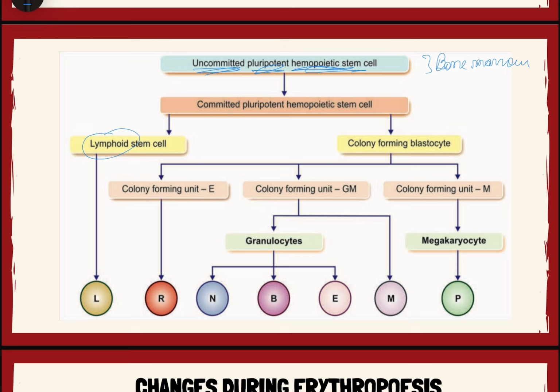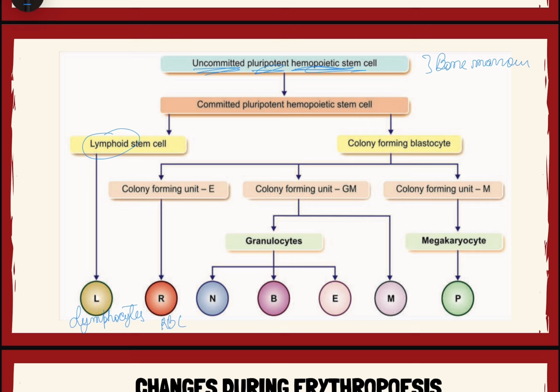Firstly, the lymphoid stem cell, which will give rise to L standing for the lymphocytes, and the colony forming blastocytes. So why the term colony? Because they form a colony or group. Now again they can be subdivided into three. Firstly, CFUE standing for erythrocytes, which ultimately gives rise to the erythrocytes, represented as R, that is the RBCs.